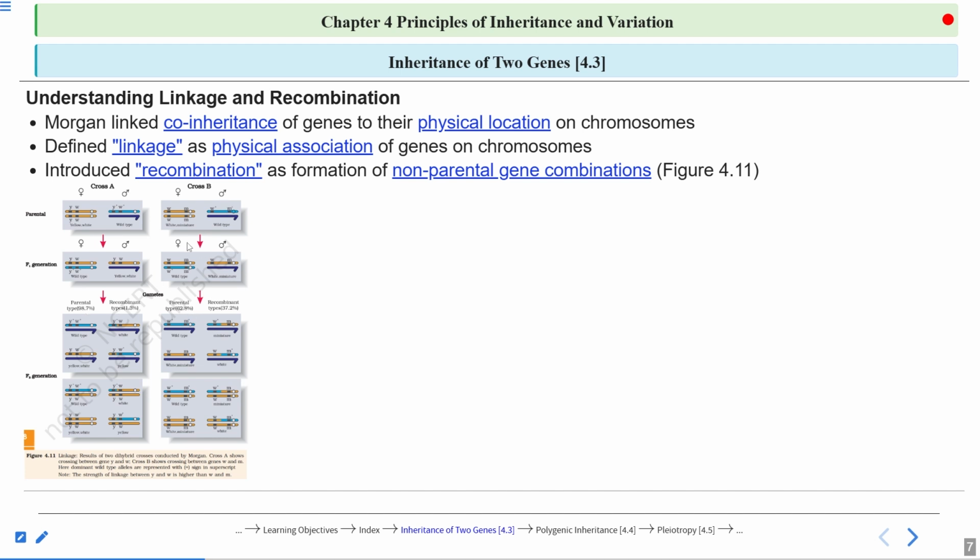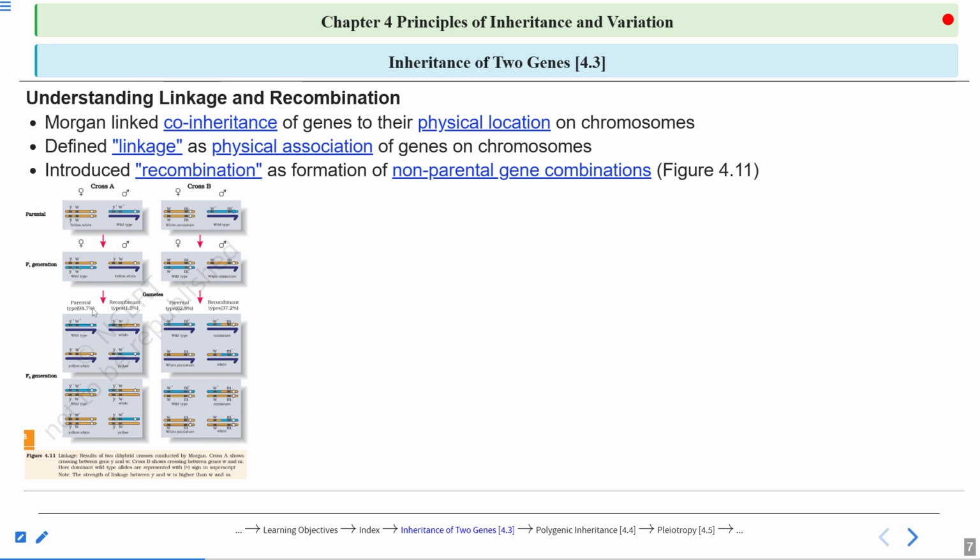In cross B, you can say the genes are not completely linked, because you still get parental combinations, but recombinants are more. So in cross A, the genes are almost completely linked because you are getting 98.7% parental.